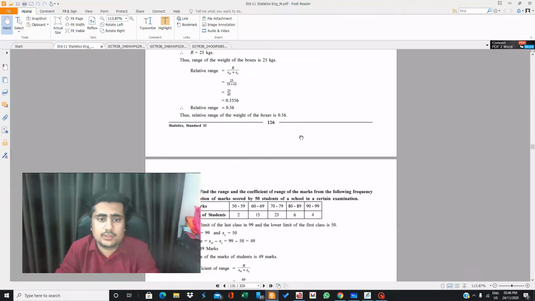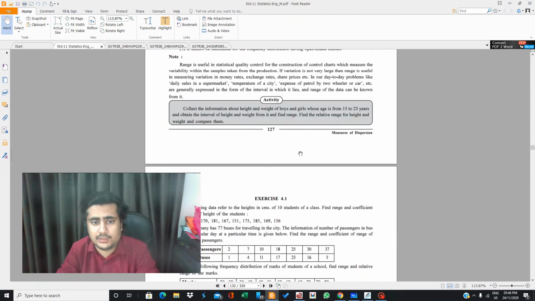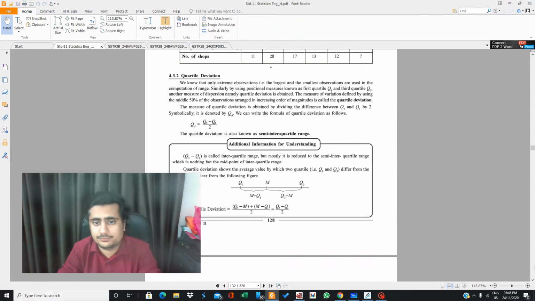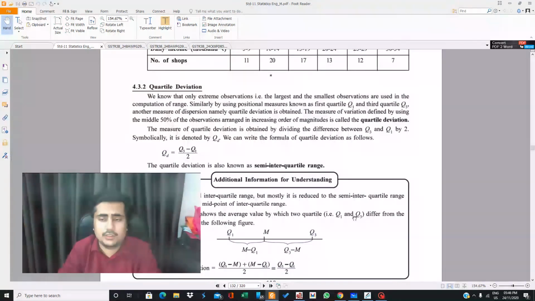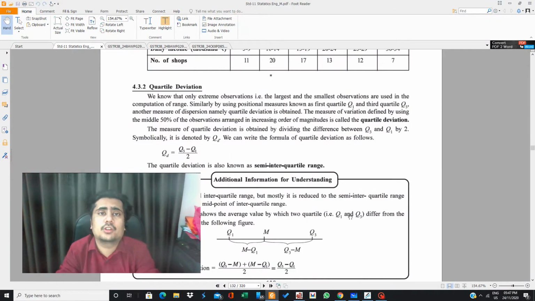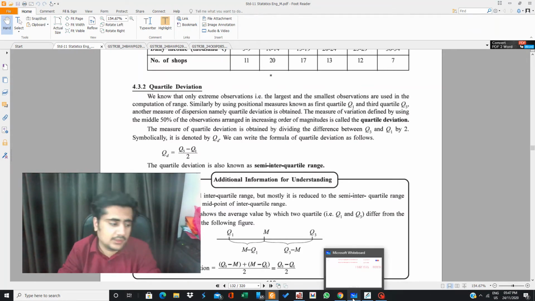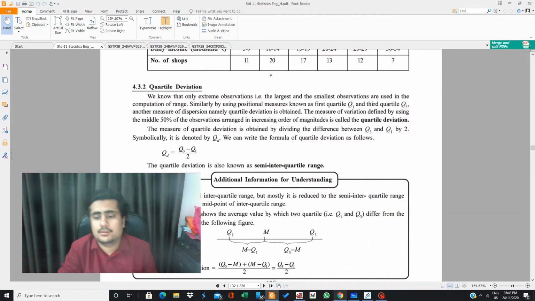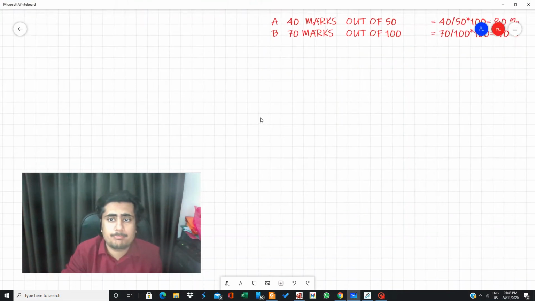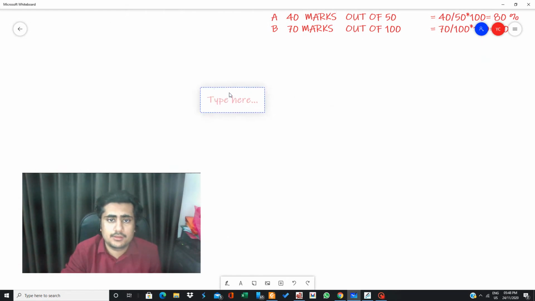So what is quartile deviation? In each and every formula, we are going to find two things: one is quartile deviation and one is coefficient of quartile deviation. Sir, what are those two things? Let us write the topic which we have.